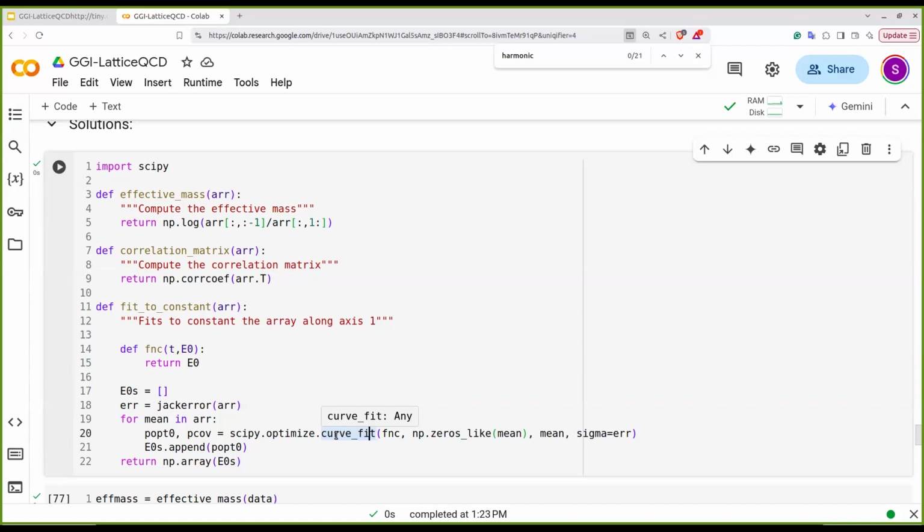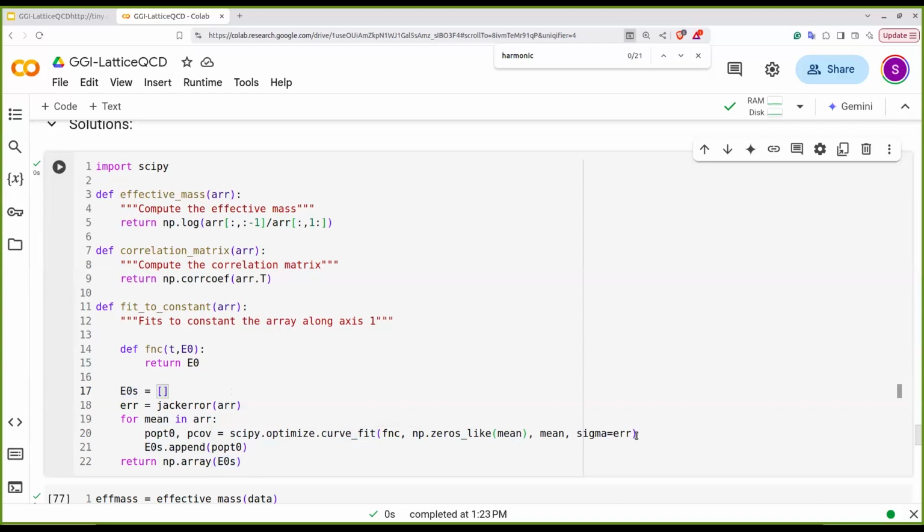For every line of this set of data, we fit to a constant, and we get n samples of our final result, on which we can take the error. This is how powerful the jackknife routine is. You just keep doing the same code on each jackknife sample, and only at the end you care about taking errors. This is going to give the same error as the other approach if you did things properly. Otherwise, this is more correct because it takes into account the correlation.